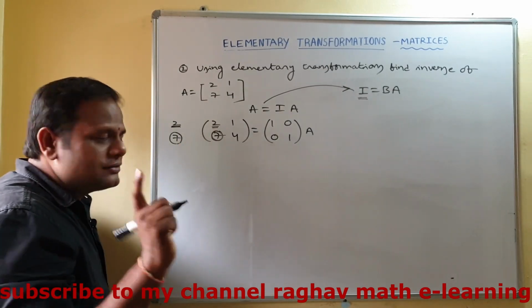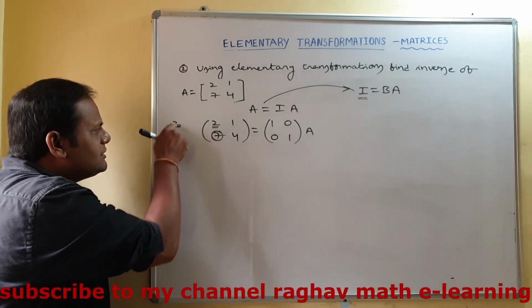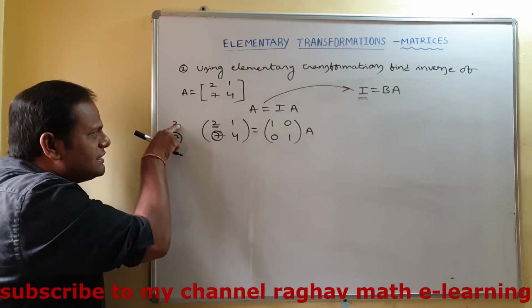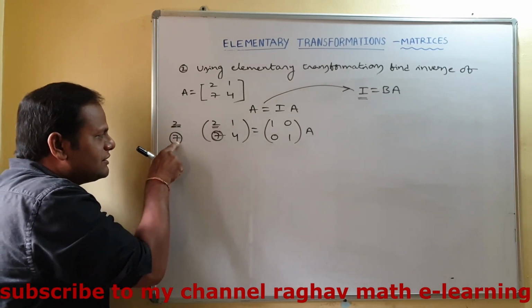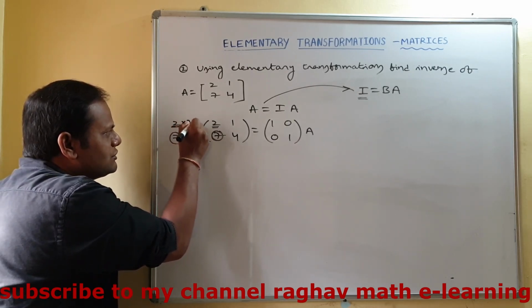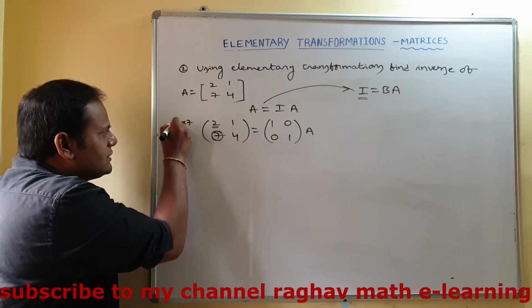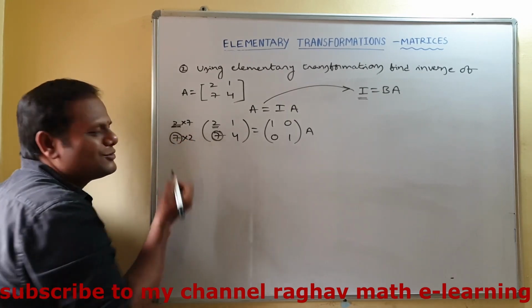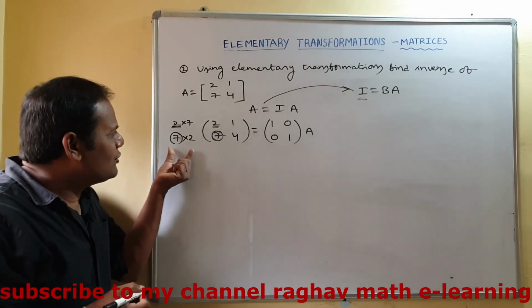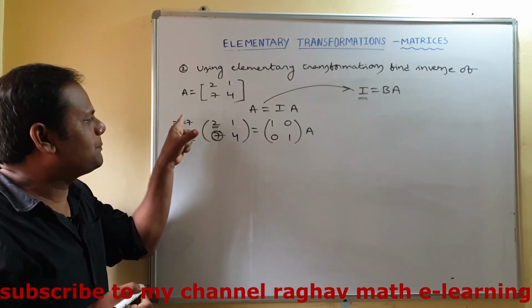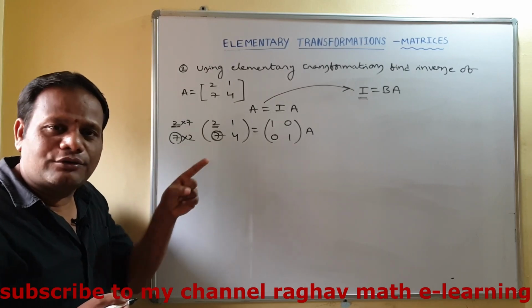To make these two numbers equal, multiply this 2 with 7, that is 2 into 7, and multiply this number with 2. Now you observe, this is 14, it is also 14. If you go for subtraction, that becomes 0.